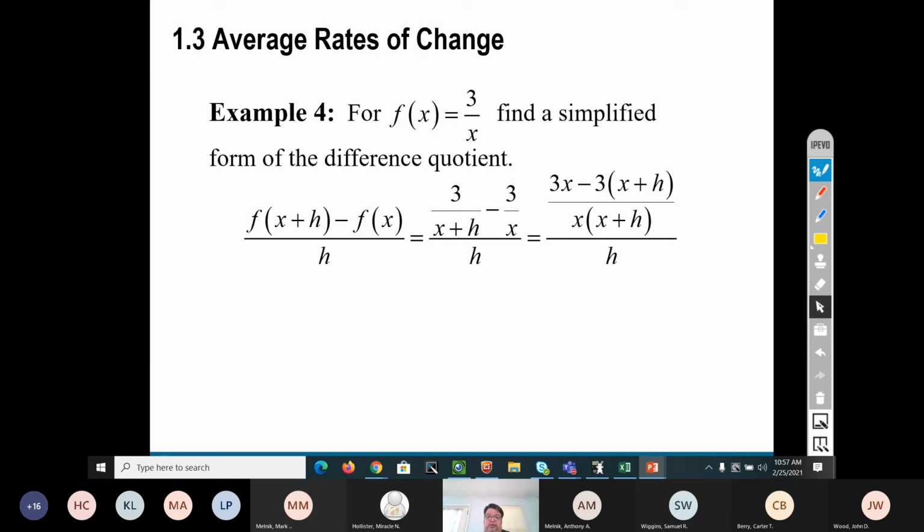And you get all of this confuzzle: (3x minus 3(x plus h)) over (x times (x plus h)), all over h. And then you try to cancel, and then you do the limit as h approaches 0, and you keep doing the work because you're going to get that h to cancel out.